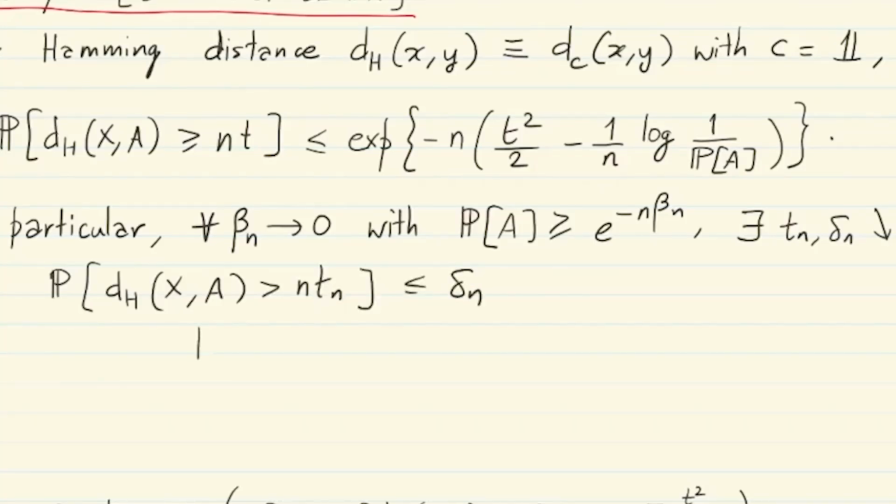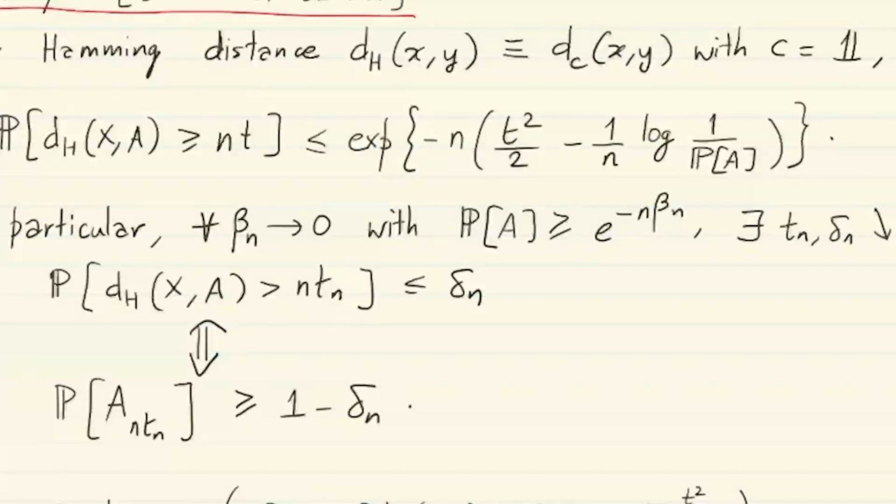Or equivalently, you can state this as the probability of the n Tn blow up of A, in our notation A_{nTn}, has exceedingly large measure. Recall that delta n goes to 0.